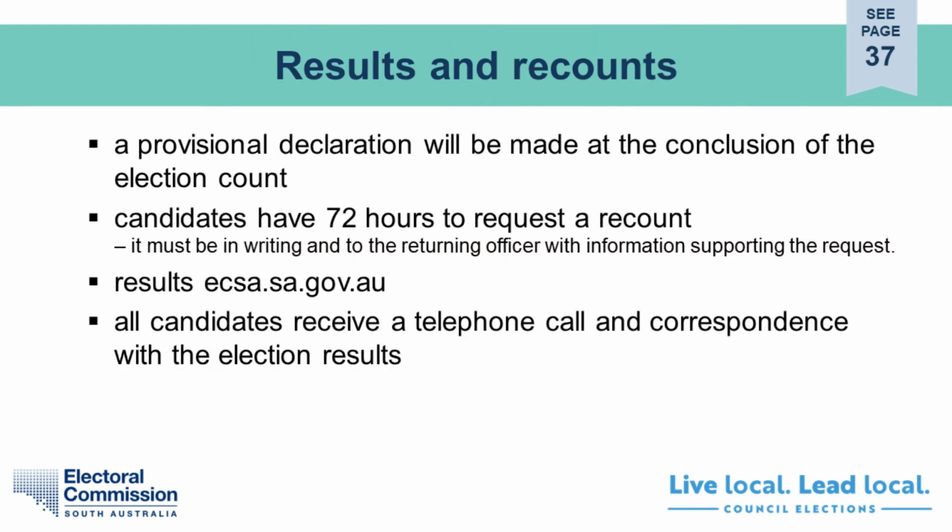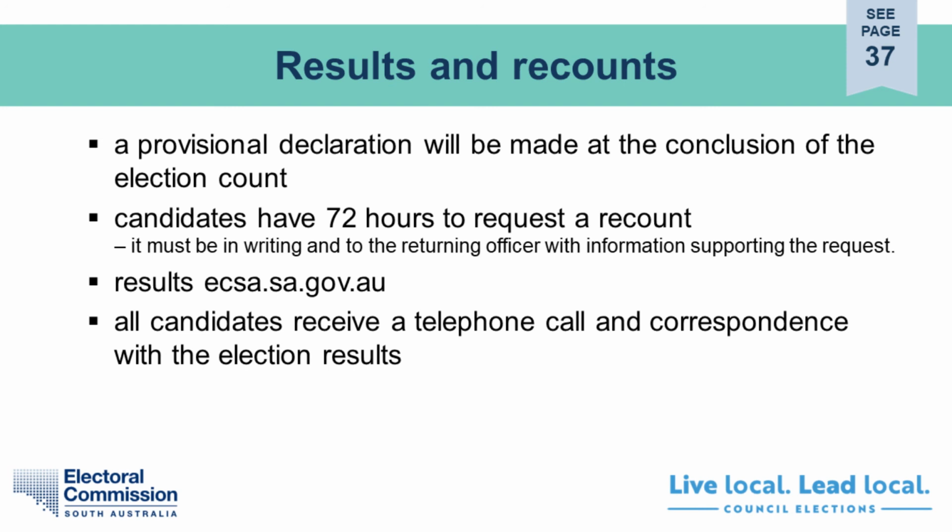Once the count is complete, a provisional declaration will be made and candidates will be contacted with the results. An unsuccessful candidate can request a recount within 72 hours of the provisional declaration. This must be made in writing to the returning officer with information supporting the request.